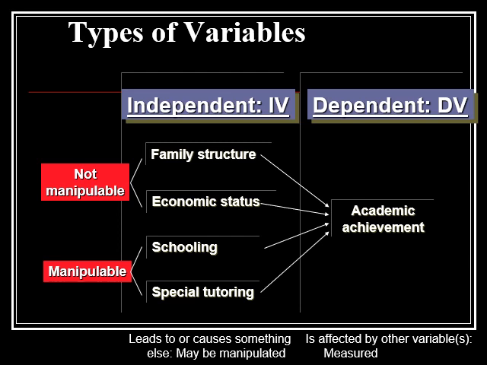So if I take a random group of students that basically have equal socioeconomic status, equal gender split, they're all the same age, they're all from the same region, and I randomly assign half of them to get special tutoring and the other half not to get special tutoring, and then I find out those with special tutoring do much better on measures of academic achievement, it's hard to come up with an explanation other than the tutoring worked.